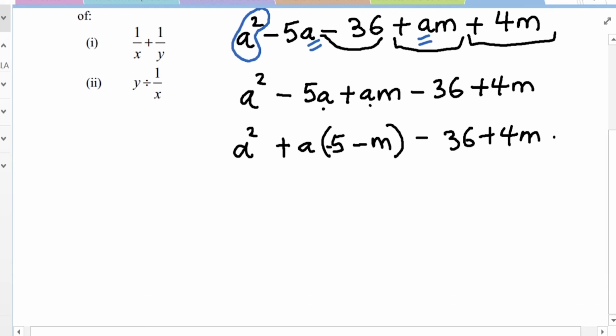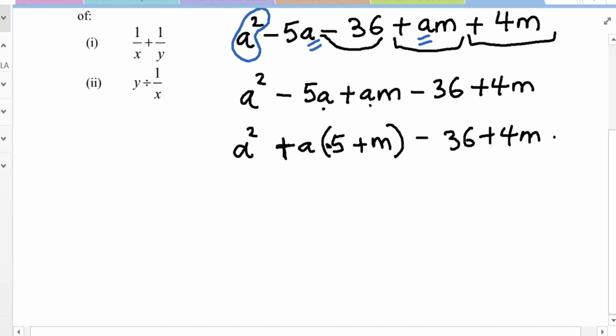I want you to note that when I open these brackets here, I end up with what was there before. I hope I've not lost you here. I factorized a outside the brackets, positive a. Then negative 5a, divide that by a, I ended up with negative 5.